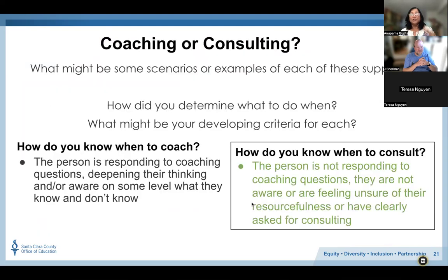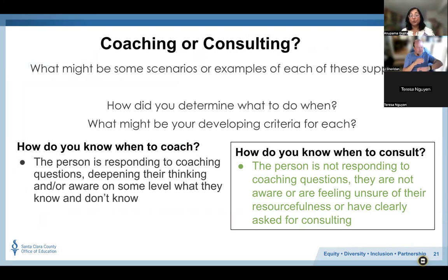So what might be some scenarios or examples of each of these situations, and how did you determine what to do when? What might be your developing criteria for each? So now that your brain's working, you're thinking, what could be my criteria for each? So how do you know when to coach? This is when you know how to coach.